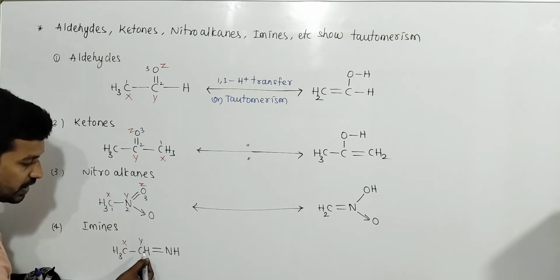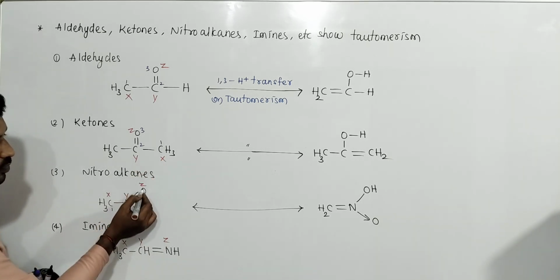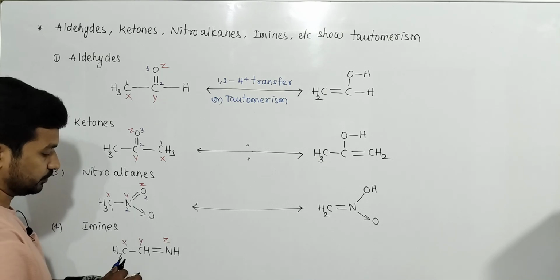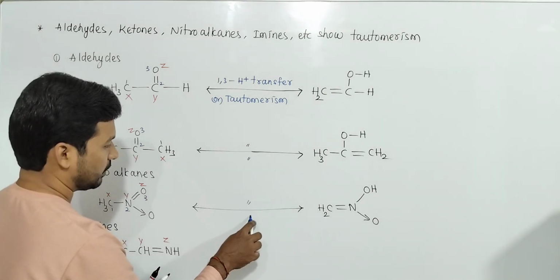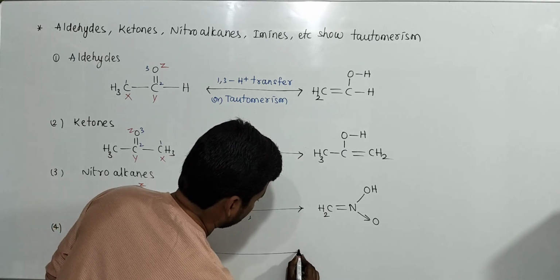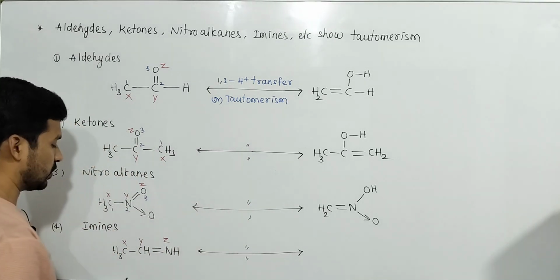Y may be anything that is double bonded with Z, necessarily oxygen, carbon or nitrogen. Here transfer of proton is possible. So due to transfer of proton between the 1 and 3 positions, same tautomerism.